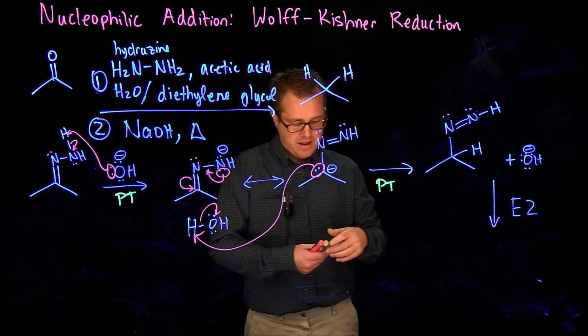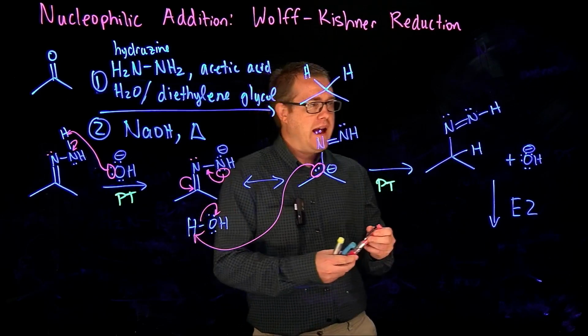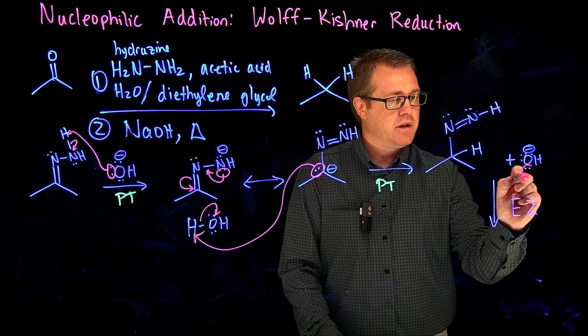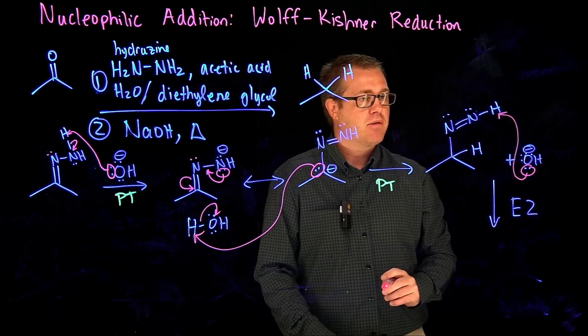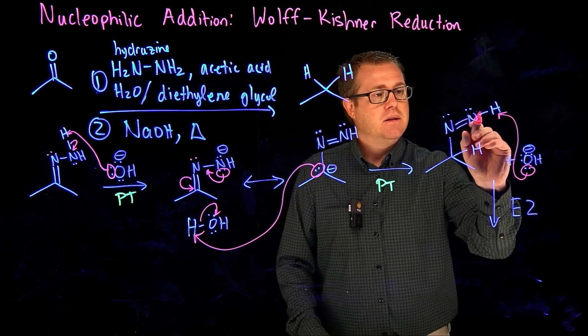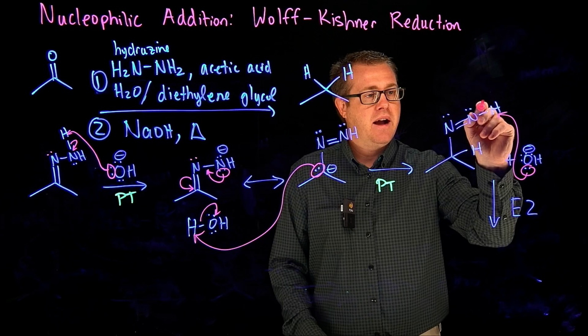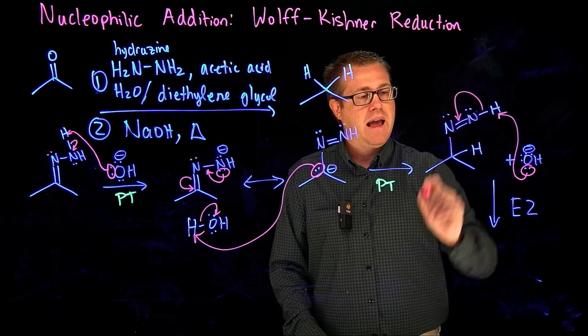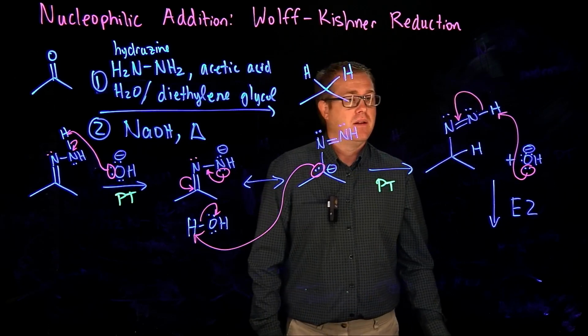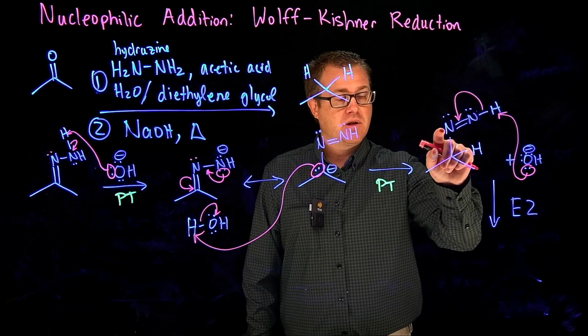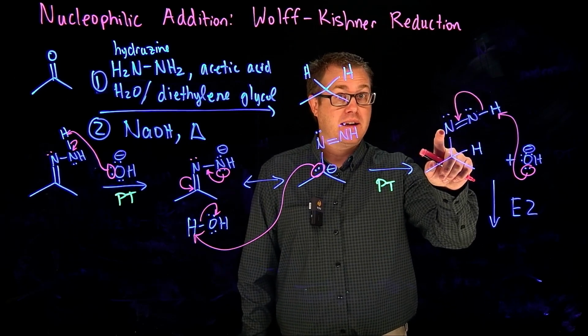Okay. Now, what's going to happen in an E2 mechanism? We're going to take that lone pair on that base, and it's going to come and grab that proton like so. The electrons between the nitrogen and the hydrogen are going to be added between the two nitrogen atoms. When that happens, this is going to break the octet rule.